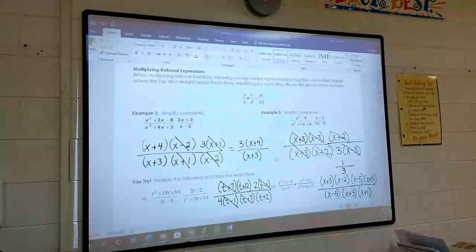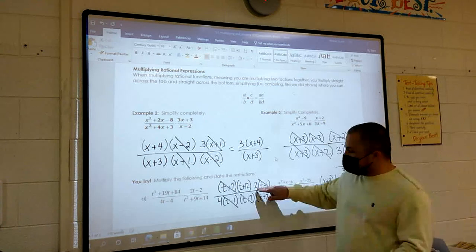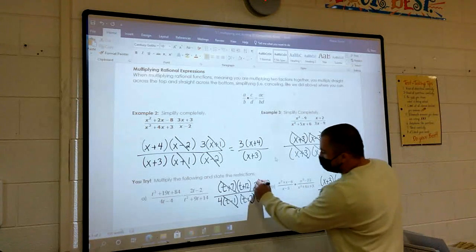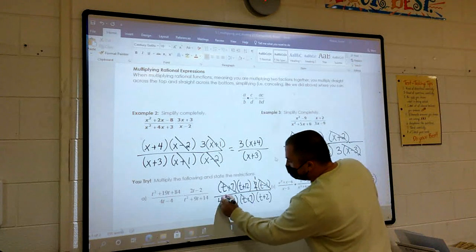Okay. Now, one thing that you see here, you have 2 over 4 that are outside of the parentheses. And since you have the 2 over 4 outside of the parentheses, that would reduce to 1 over 2.